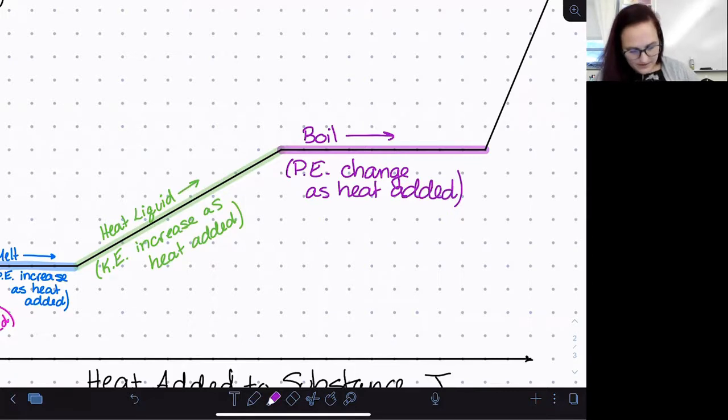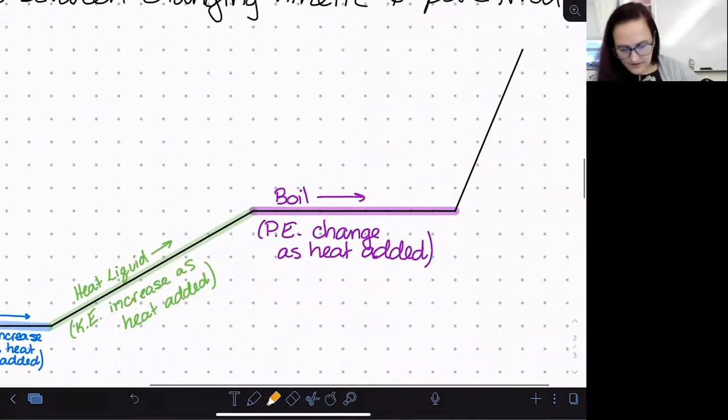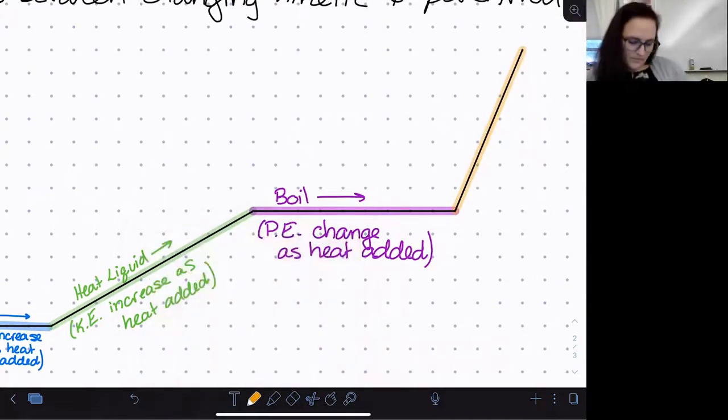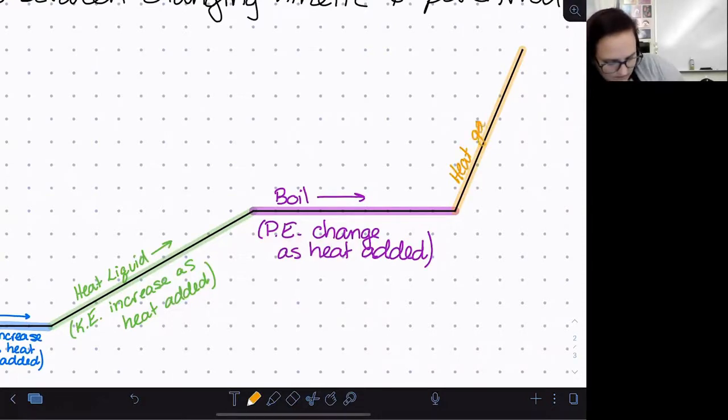And last but not least, once everything has been converted to a gas, the temperature will begin to increase again. And any additional heat will go into heating up that gas, increasing its kinetic energy.